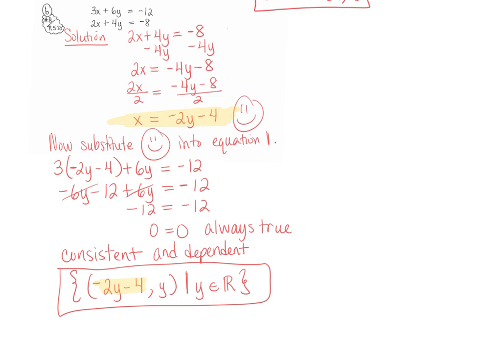There are a couple of ways you can approach this, but they'll all get you to the same point. You'll always end up with a true statement here, which means what about those lines graphically? They're stacking, so they're the same. That means those lines are the same.